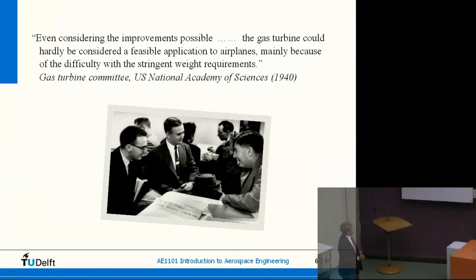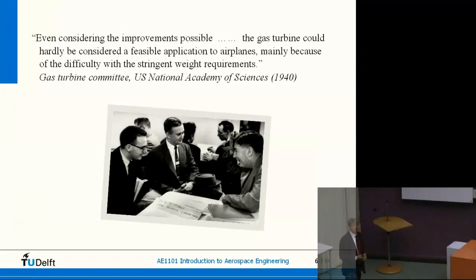Well, in those days, and this was in 1940, mind you, not too long before the actual jets arrived, the US National Academy of Sciences and their gas turbine committee, so by far the most knowledgeable people on gas turbines, could assure everybody that even considering all the improvements possible, the gas turbine could hardly be considered a feasible application to airplanes, mainly because of the difficulty with the stringent weight requirements.